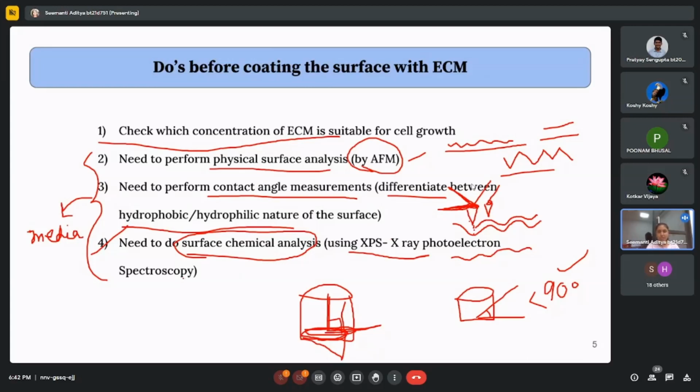This is a technique which can detect the surface atoms and how much quantity they are present in, and we can be sure that our ECM contains more silica, or our ECM has more carbon in it. So depending upon that, the surface chemical analysis can be performed, and whatever cells we are growing on, we can optimize the ECM concentration or the ECM composition accordingly.